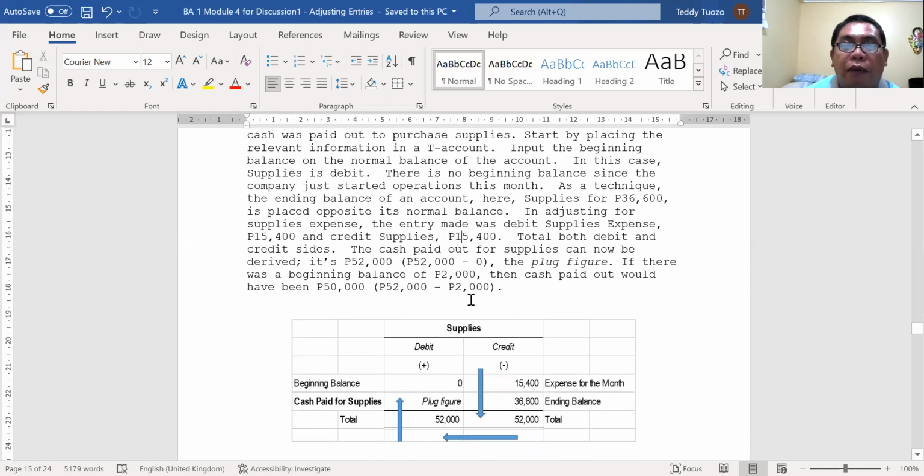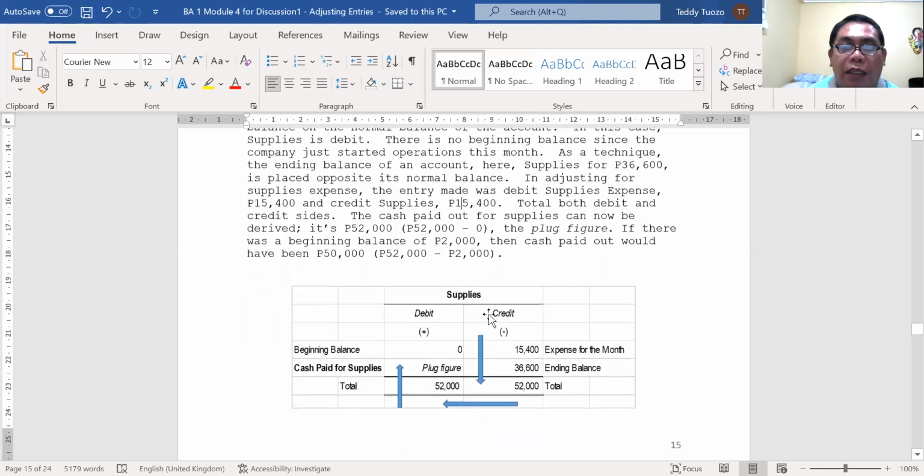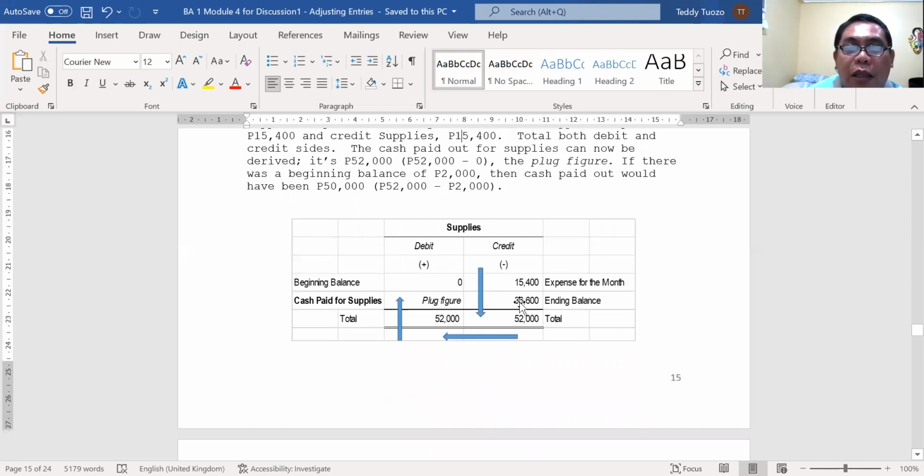The cash paid out for supplies can now be derived. It's 52,000. 52,000 minus 0. The plug figure, if there was a beginning balance of 2,000, then cash paid out would have been 50,000. So the ending balance of 36,600 tapos expense is 15,400.